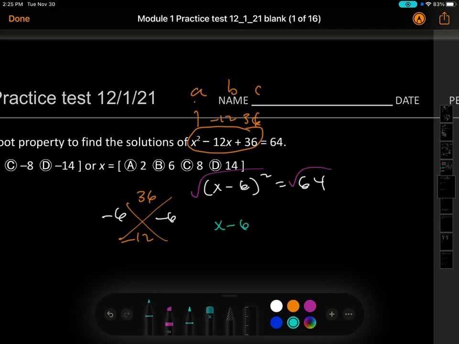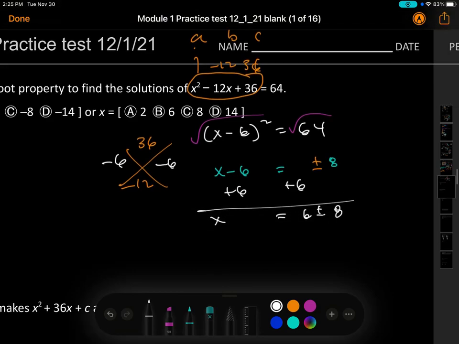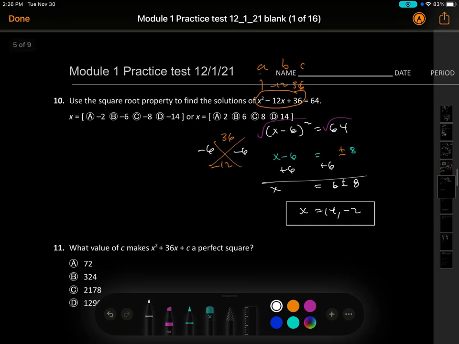You're going to get x minus 6 equals plus or minus 8. And then if you add 6, x equals 6 plus or minus 8. So 6 plus 8 is 14, and 6 minus 8 is negative 2. So that would be 14 and negative 2.